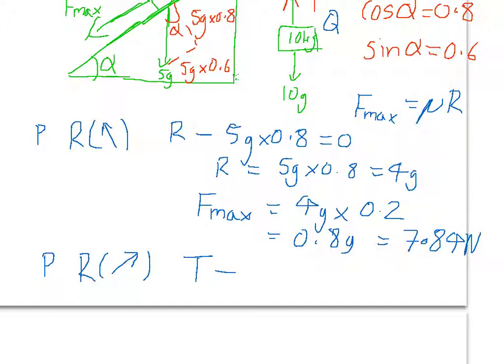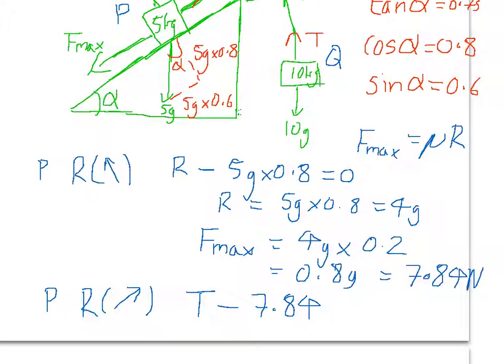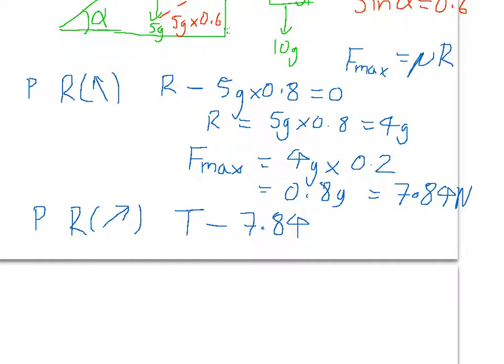friction we just found, which was 7.84, and also we mustn't forget to add on the component of the weight acting down as well. So 5g times 0.6. And that's equal to 5 times the acceleration.